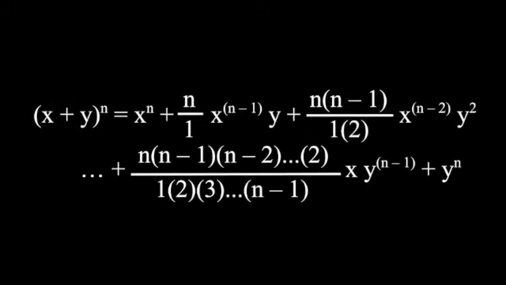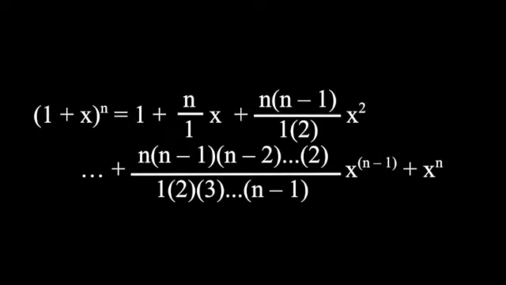The binomial theorem states that (x plus y) to the n equals x to the n plus n over 1 times x to the n minus 1 times y plus n times n minus 1 over 1 times 2 times x to the n minus 2 times y squared, all the way till you get plus y to the n.